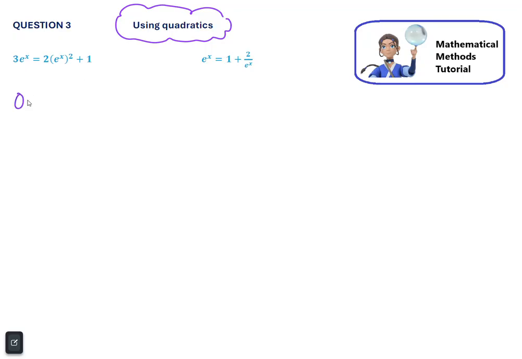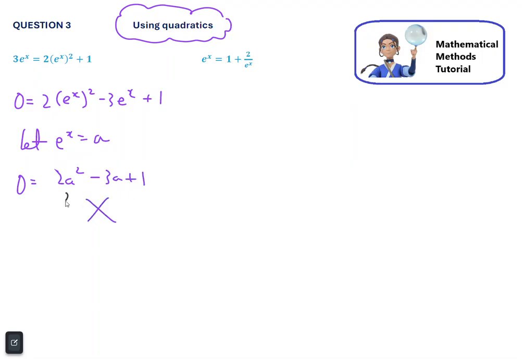So if I rearrange that to make it equal to 0, 2 e to the x squared minus 3 e to the x plus 1. Then I let e to the x equal a. So what I've got is 2a squared minus 3a plus 1.